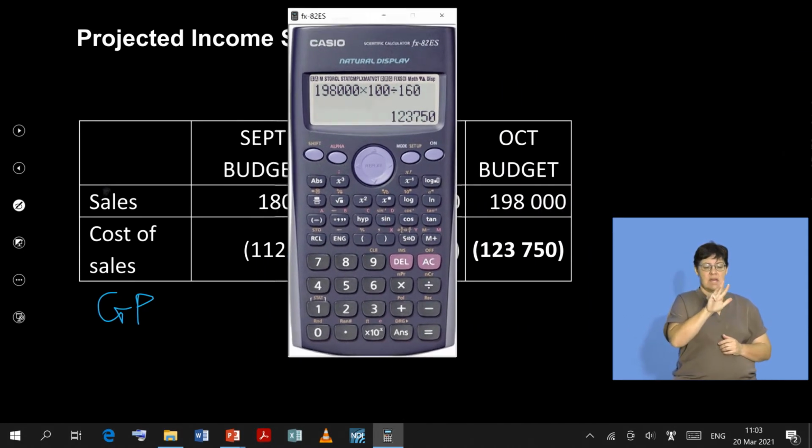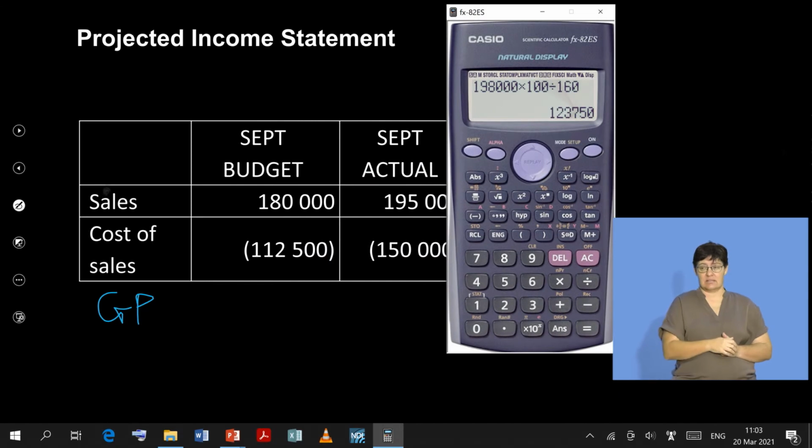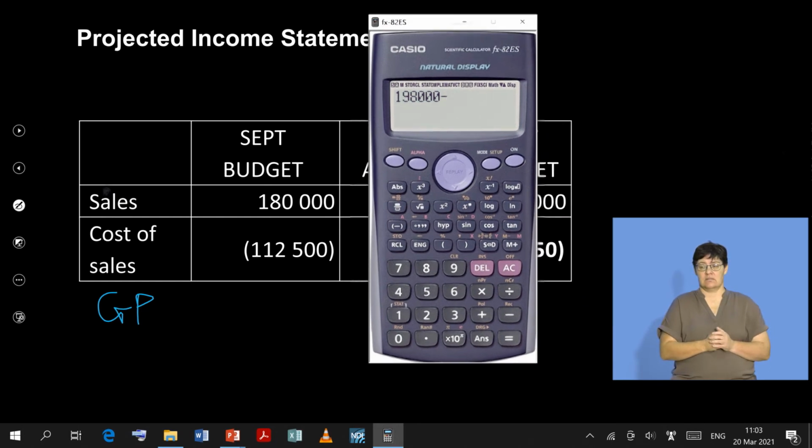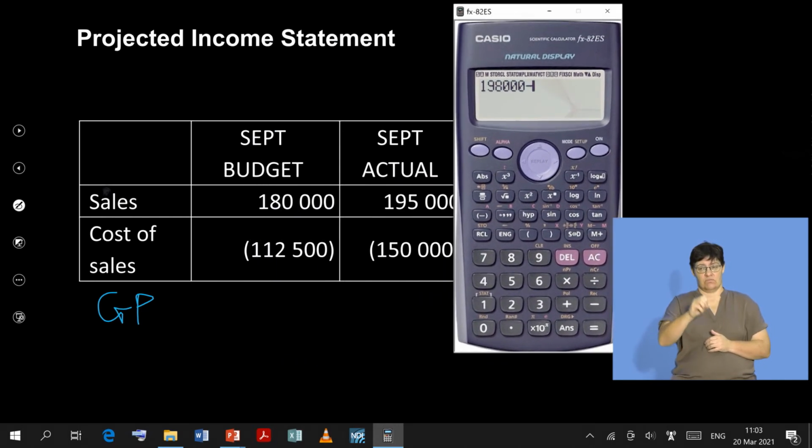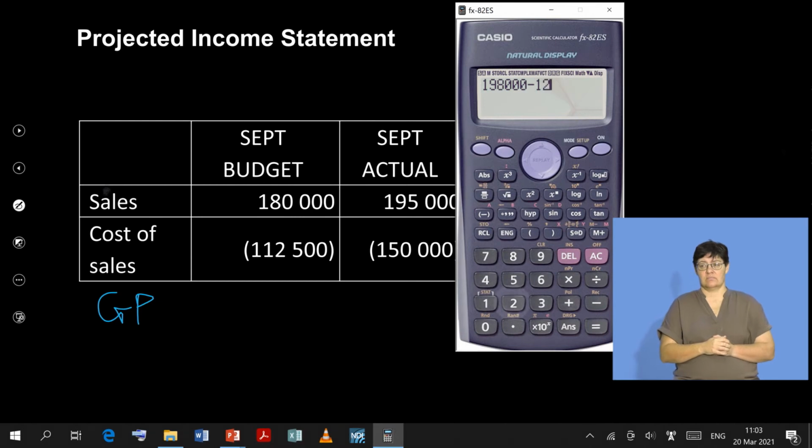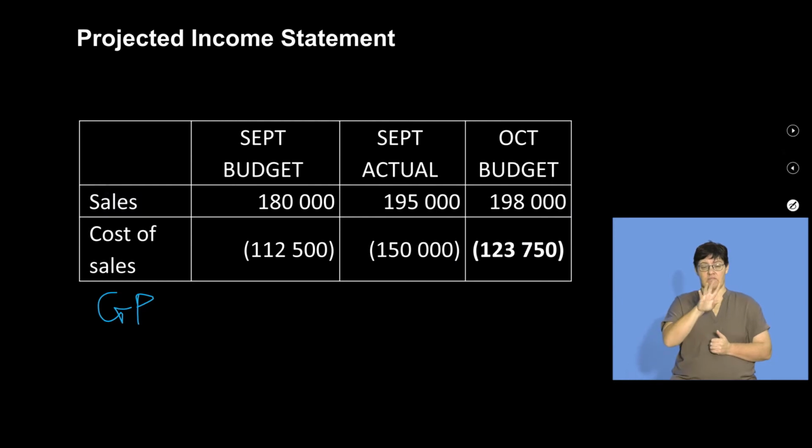It is 198,000, minus your cost of sales, which was 123,750, and this will then give you your gross profit of 74,250. All right? So we got 74,250 as our gross profit.